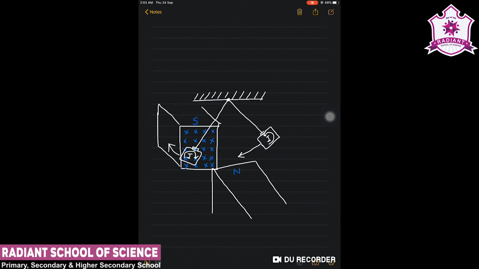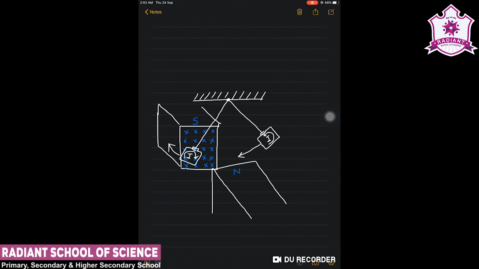Now, in fact, we can say that the retarding force due to the eddy current inhibits the motion of the plate due to the magnet, and we can explain this phenomenon on the basis of electromagnetic induction, in that the magnetic flux associated with the plate keeps on changing as the plate moves in and out of the region between the magnetic poles.